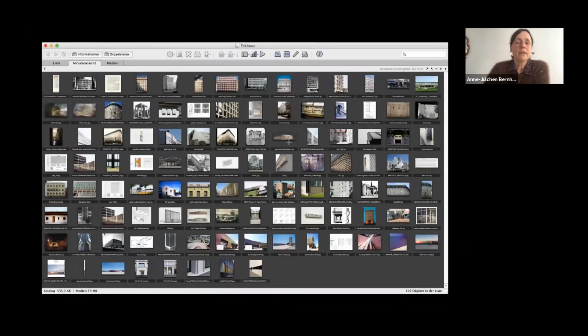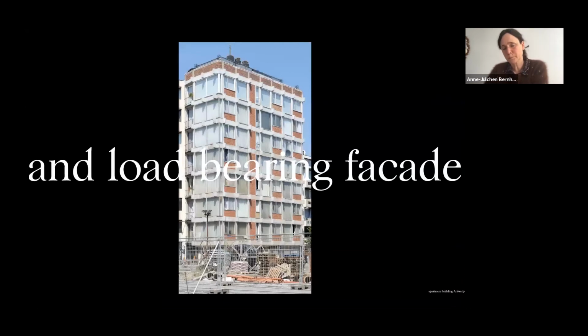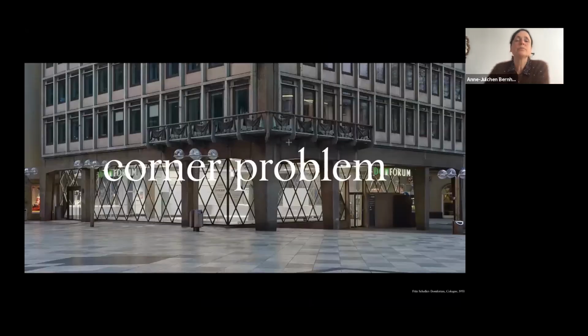And then the last building, the corner building, is the most open part, and the building talks about the contradiction between curtain wall and load-bearing wall. And is basically quite open, and it is a corner building, so you have to talk about the corner, and you have to solve it in a way.